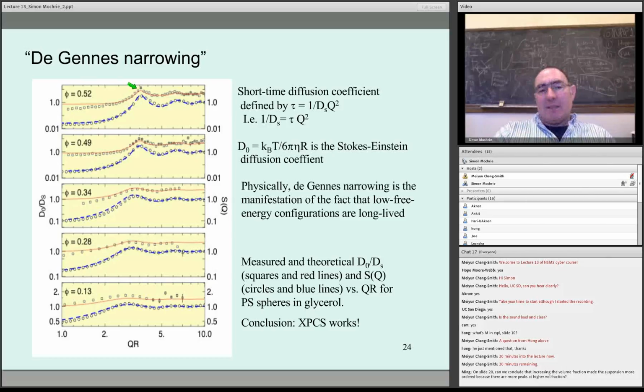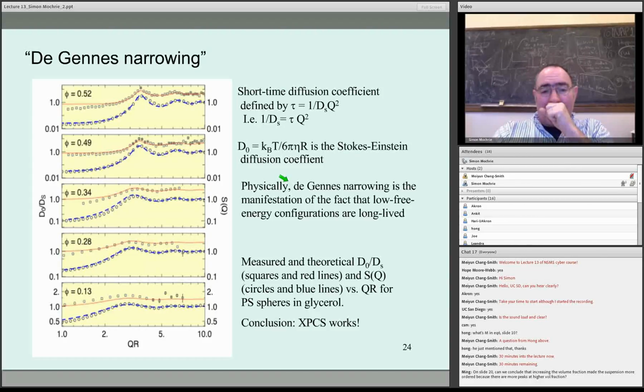The fact that there's a peak in the time constant at the same wave vector tells you that those fluctuations not only have a low free energy, but they're also long-lived. And that's actually a manifestation of de Gennes narrowing, which is known in atomic systems and in many systems.